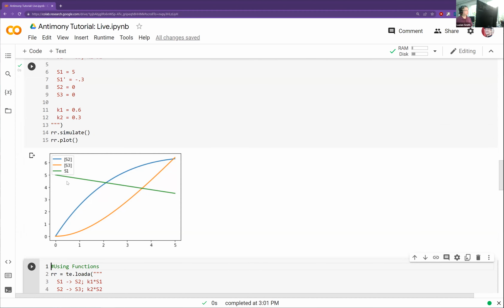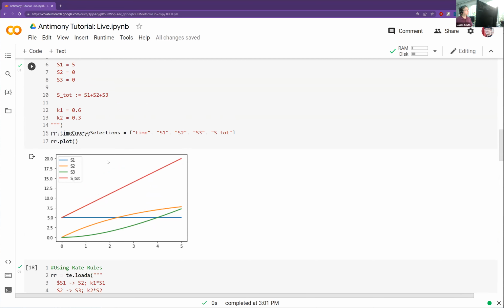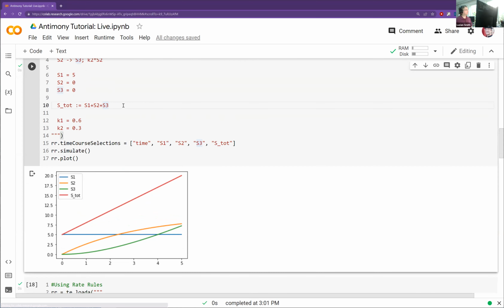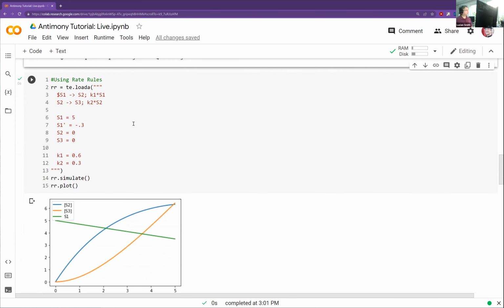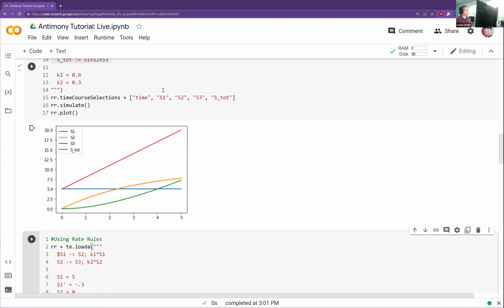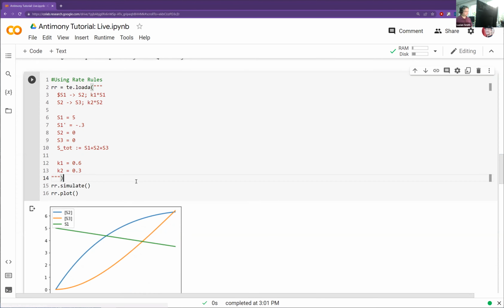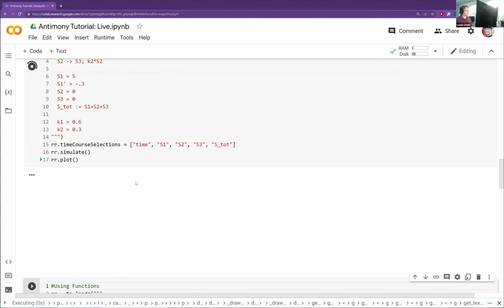So there's S1 going down and S2 and S3 going up. And let's do this again. Put that here. Set our time course selection so we can see what's going on and show that.